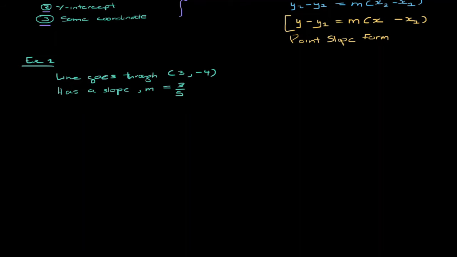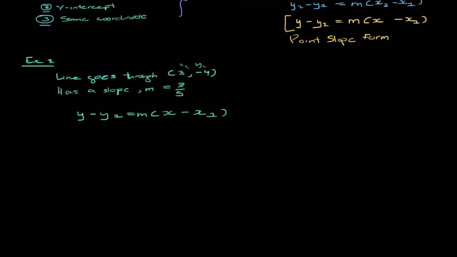Let's start with the point slope formula, which was y minus y1 is equal to m times x minus x1. Let's start subbing these values in. We know that it goes through some point (3, -4), where this is the x and this is the y, so this would be x1 and this is y1.